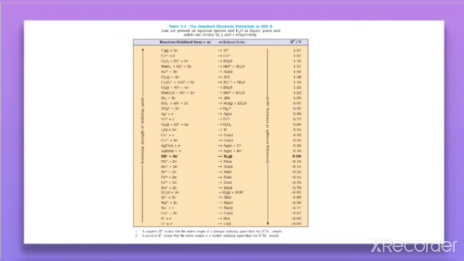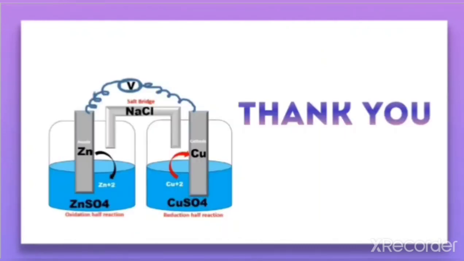The more details about the different types of cells and the importance of the electrochemical series will be discussed next year, in the 12th standard. There is a chapter called electrochemistry, and the details will be discussed in that chapter.